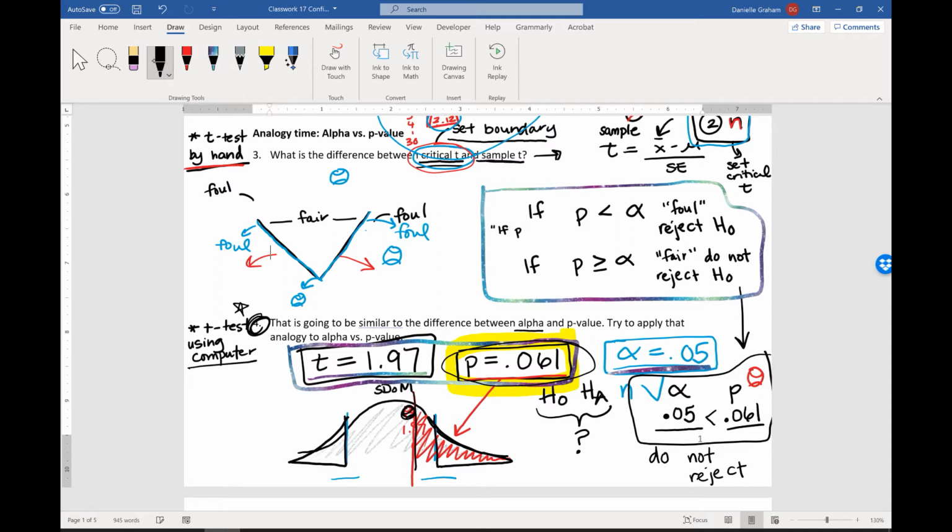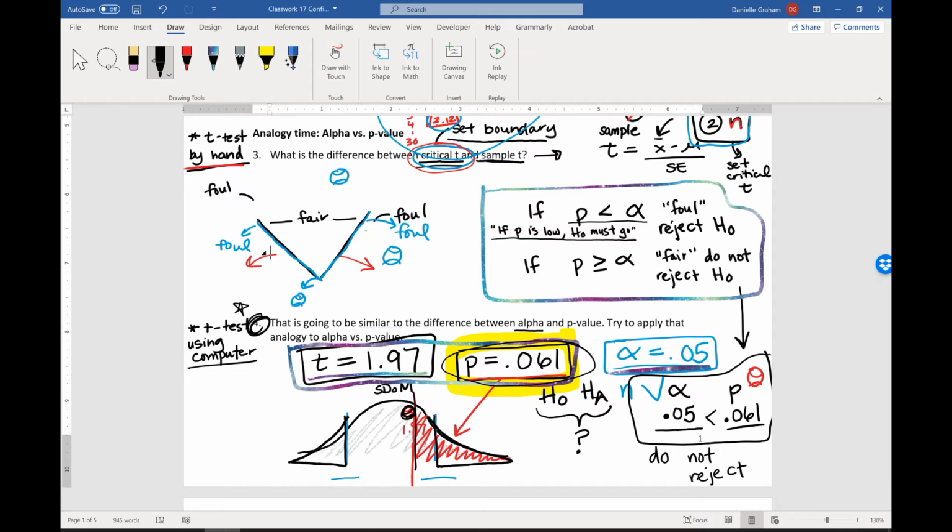If the P is low, the hoe must go. Right? If our P is lower than our alpha, we reject the null hypothesis. So remember that little mnemonic. If the P is lower than alpha, the hoe must go. Reject the null.